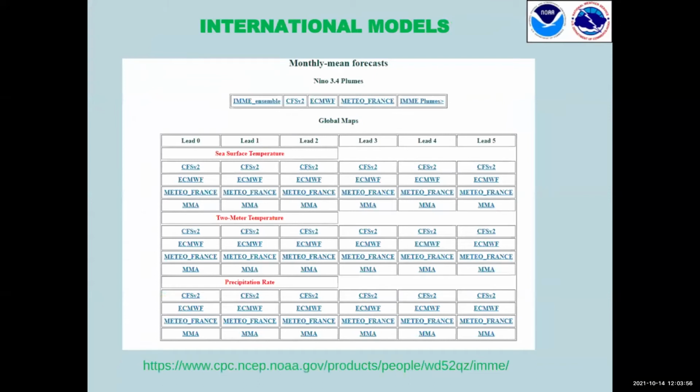NCEP also provides graphics for a variety of other models. The ECMWF, the European model, is one that was mentioned a lot in previous talks, and you can look at that model and some other international models, looking out at a lot of different lead times, 1 month, 2 month, 3 month, for both precipitation and temperature.